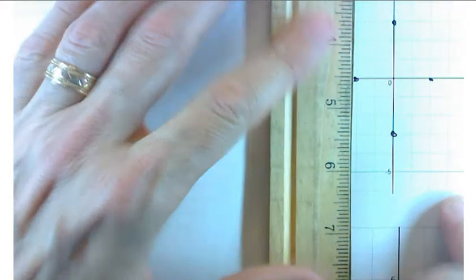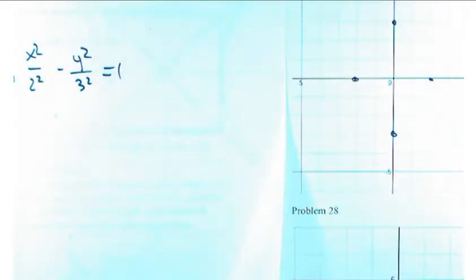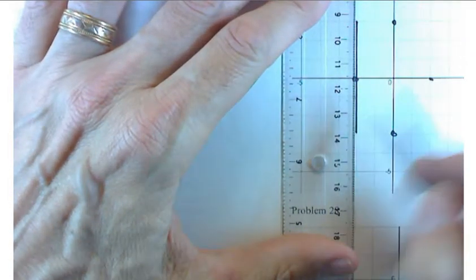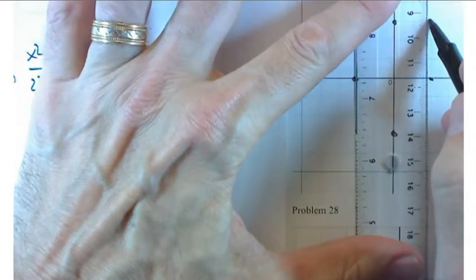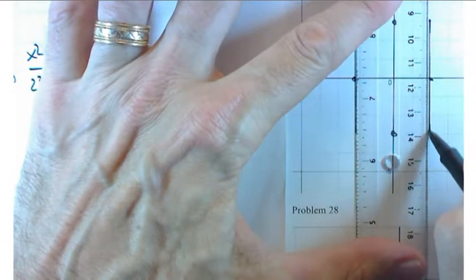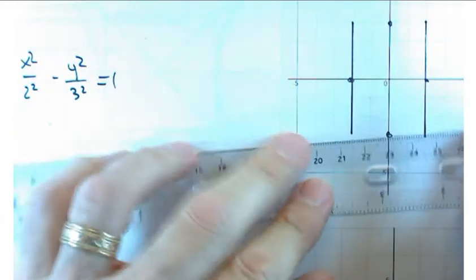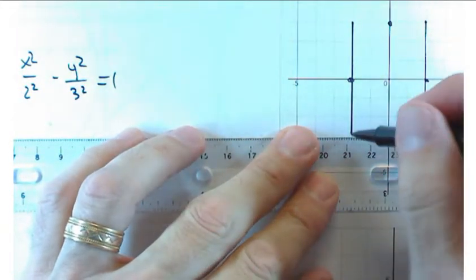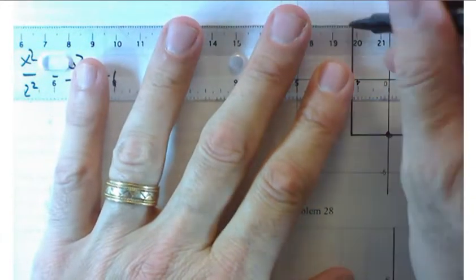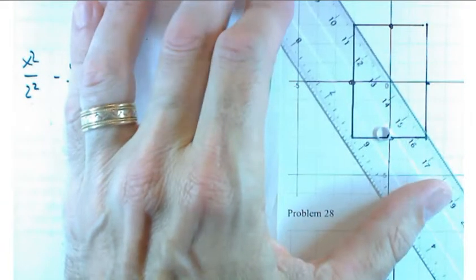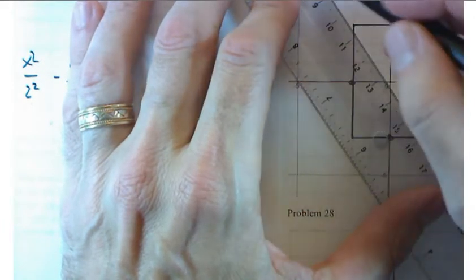So what you're going to do is you're going to complete the square, or finish that rectangle, here and there. I'll provide you graphs on your exam. So draw the diagonals.